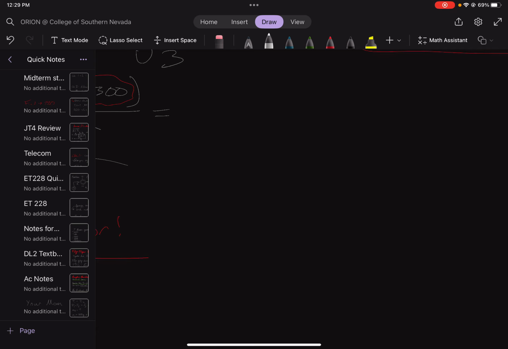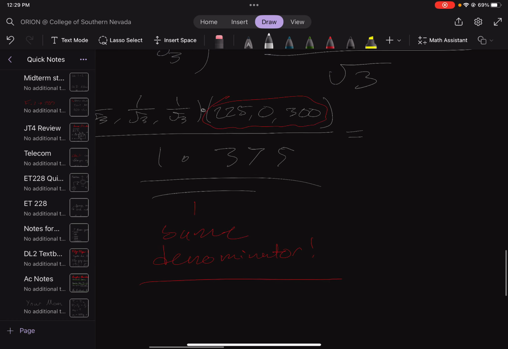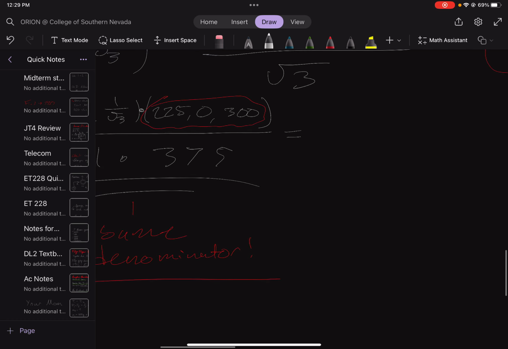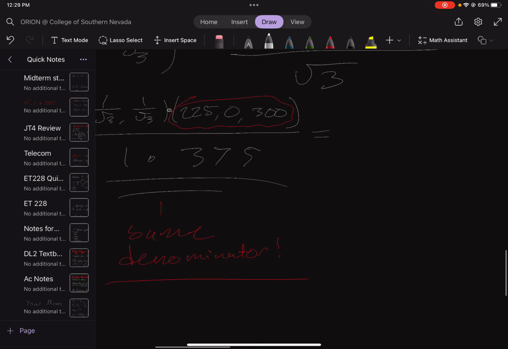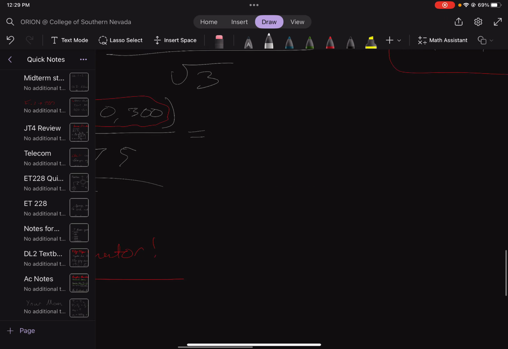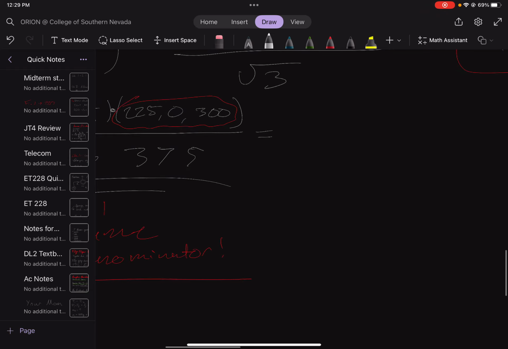So we've got those values multiplied together. So we can just multiply those values and add them all together. So it is 225 plus 300, which is 525.